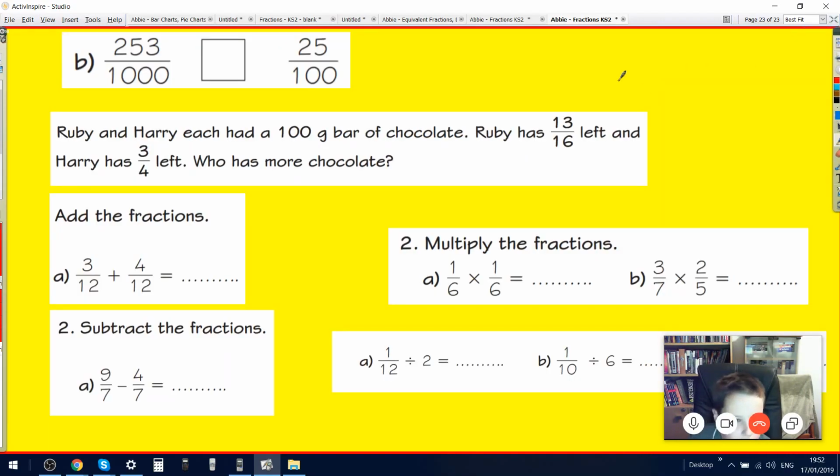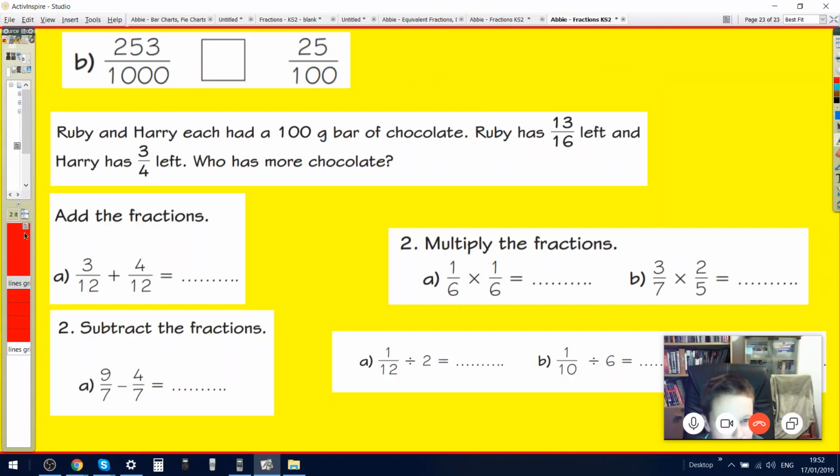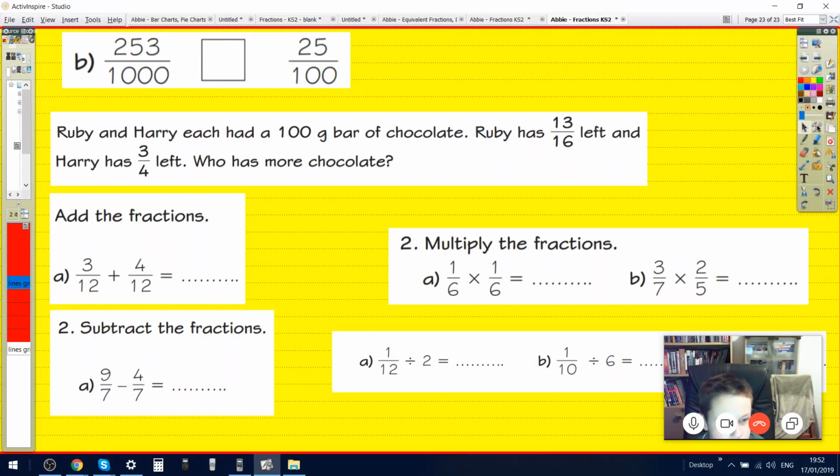So here's a little test. For this one, you have to say which is bigger and which is smaller. For B we have 253 over 1,000, and for the other one we have 25 over 100.